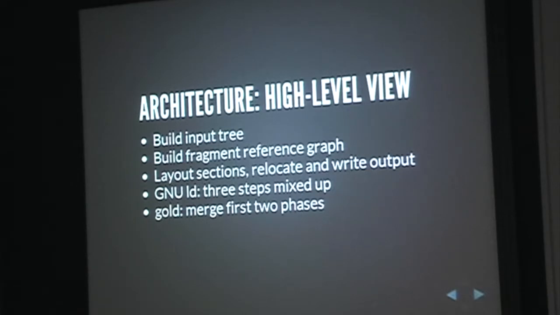And that's one of the reasons why it's relatively slow and relatively complicated in terms of code. Google's linker is much cleaner. It still has the first two parts merged together, which is still somewhat unclear, but it's much better in terms of architecture.